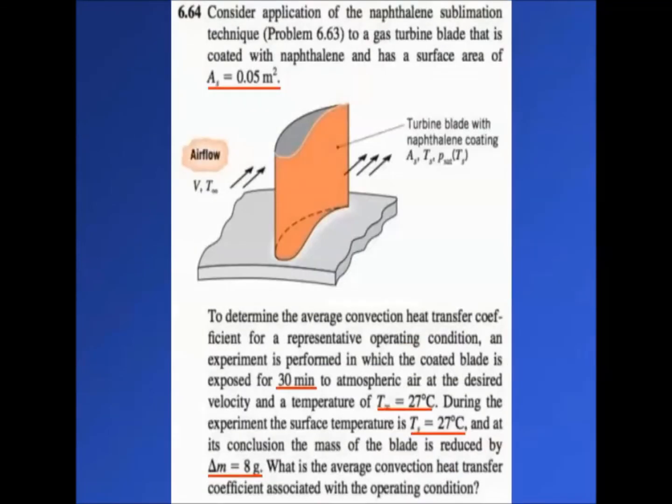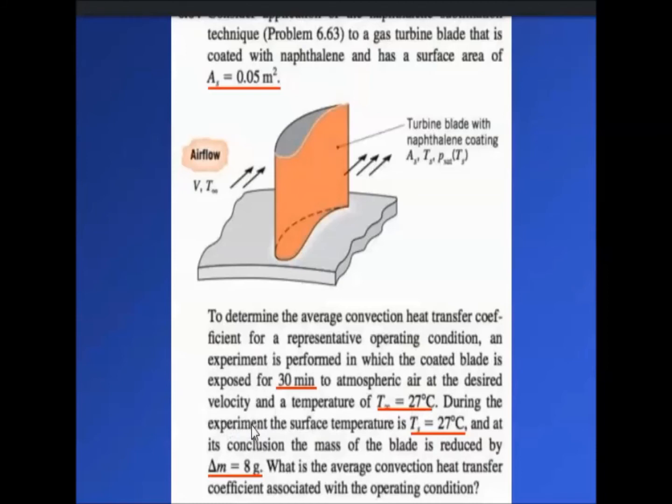Now that we've had a chance to reference back to problem 6.63 to see this technique, the next thing we want to do is figure out what they're asking us to solve for in our problem here. They want us to determine the average convection heat transfer coefficient for a representative operating condition. An experiment is performed in which the coated blade is exposed for 30 minutes to atmospheric air at the desired velocity and temperature of T infinity equal to 27 degrees Celsius.